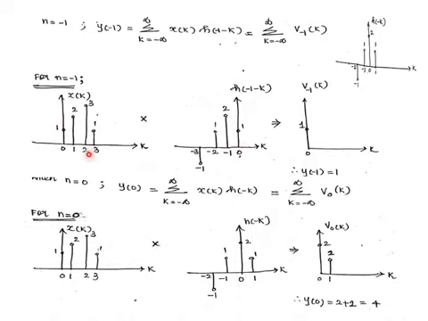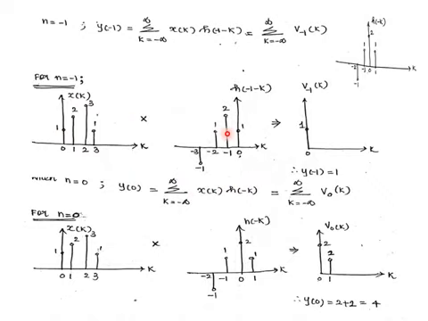So considering these two signals now, this signal starts at k is equal to 0 and at k is equal to 0 its amplitude is 1. We have to consider the same time instant here, that is at k is equal to 0 the amplitude of this signal is 1. So we have to multiply the amplitudes of these two signals at k is equal to 0.